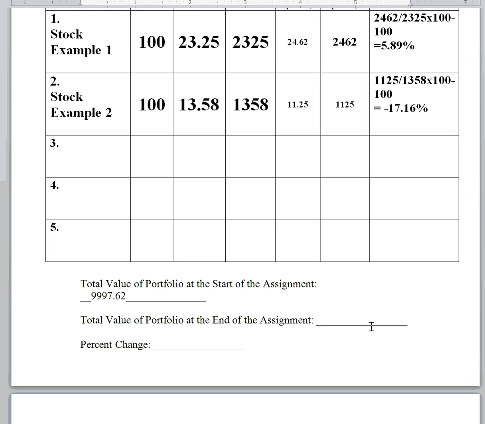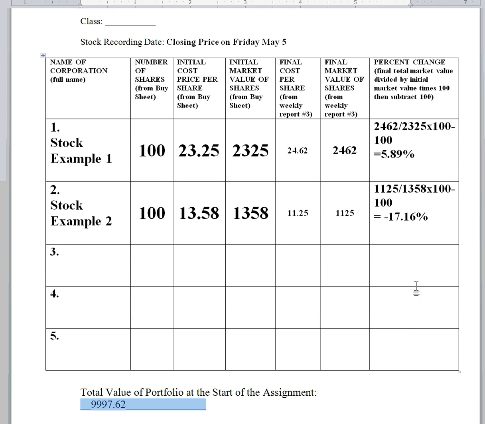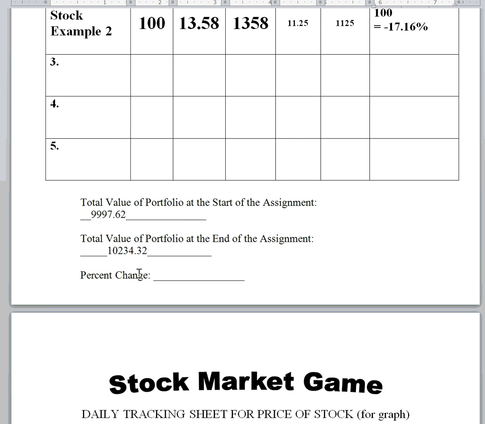So let's say, for example, you're now at $10,234.32. Again, how do you get your percent change? You take the end value, this one, you divide it by your beginning value, this one, and you times it by 100, and then you take away 100. So you're going to do the same thing that you did for percent change here. You're going to do the same thing here. And you'll find you either made money or you lost money. And the question is, what percent did you make and what percent did you lose?